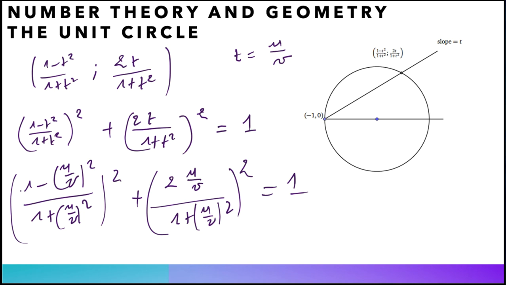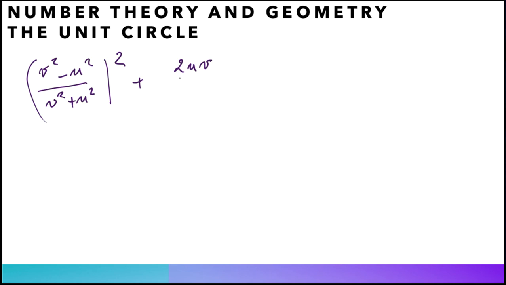If we multiply up and down by v squared in both fractions, one gets ((v squared minus u squared) over (v squared plus u squared)) squared plus (2uv divided by (v squared plus u squared)) squared equals 1.